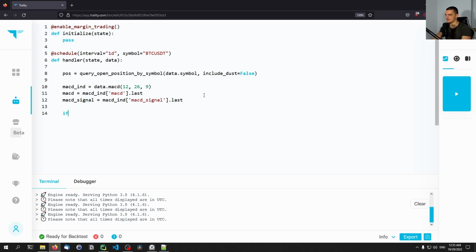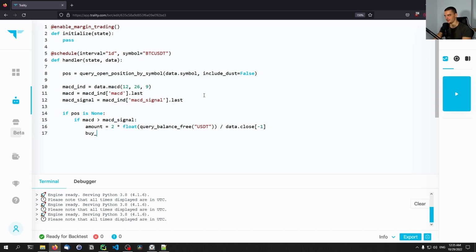Basic idea is if the position is non-existent, if we don't have a position and the MACD goes above the MACD signal, then we want to buy. In this case, let's go with 2 times what we have. So 2 times float of query balance free, whatever we have in USDT. We're going to take that, multiply it by 2, and divide it by the close price, the last close price, so that we turn it into Bitcoin.